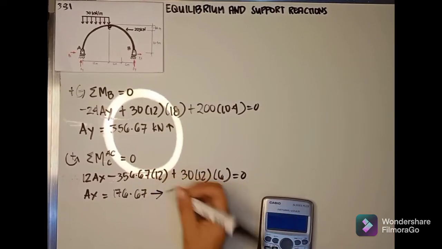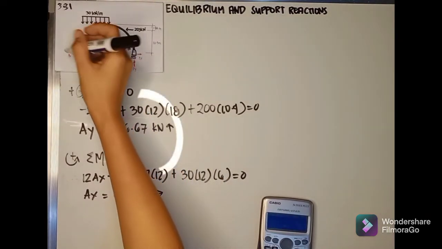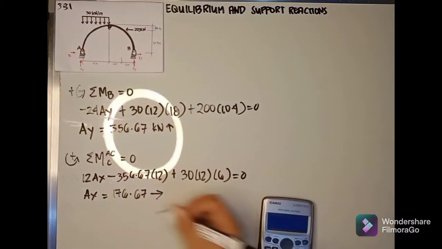Positive, so to the right. So our assumption that AX is to the right is correct.